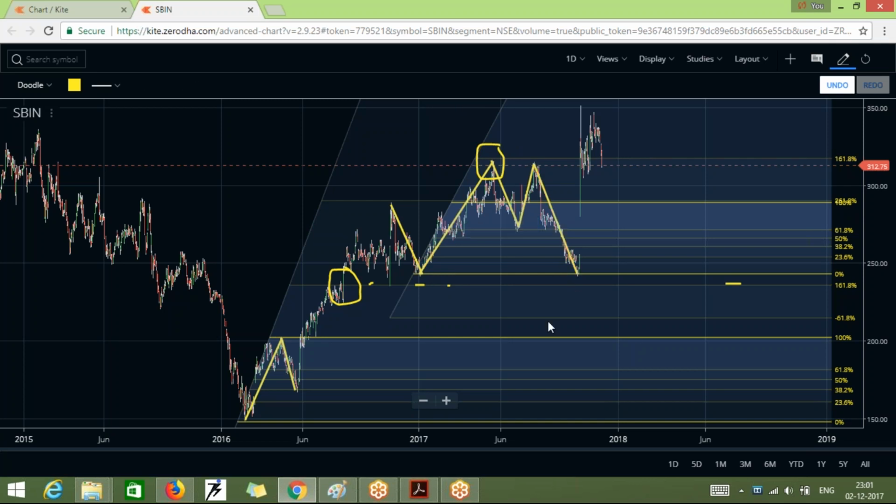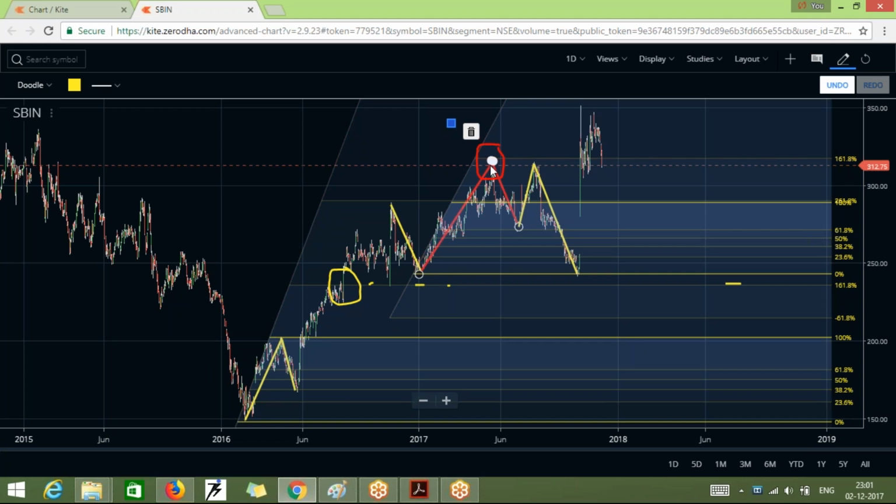So with the naked eye, without drawing all these things, we could know this level directly by calculating this 161 point movement from this level to the end. This is almost 80-90 points movement. So we could see wave 5 going to this level, or if we are going to a higher level, it could be the 2.618 level.